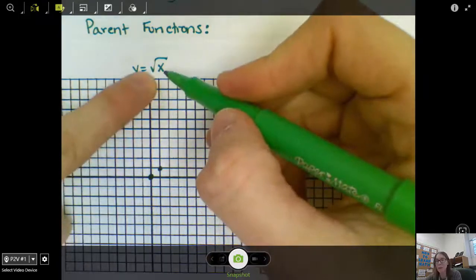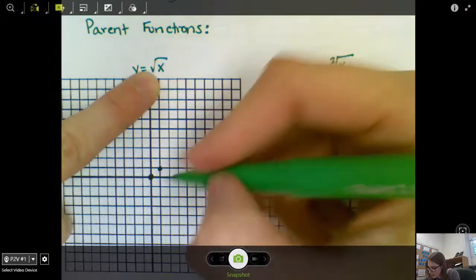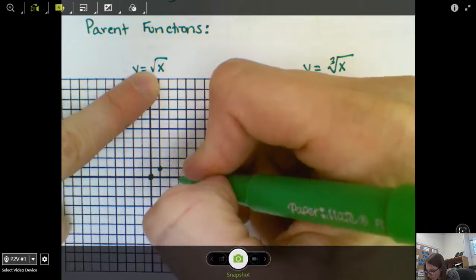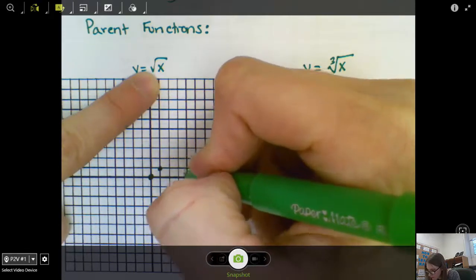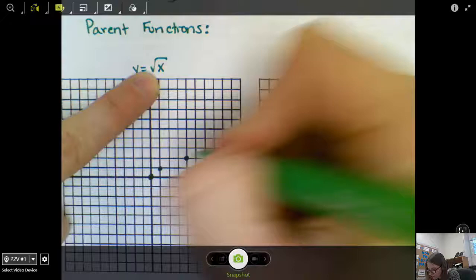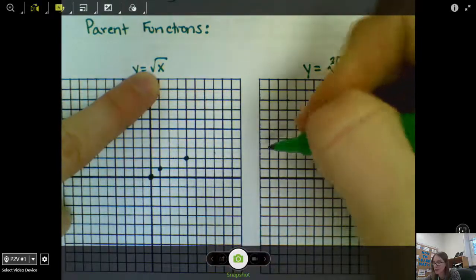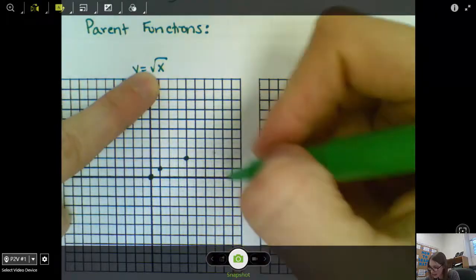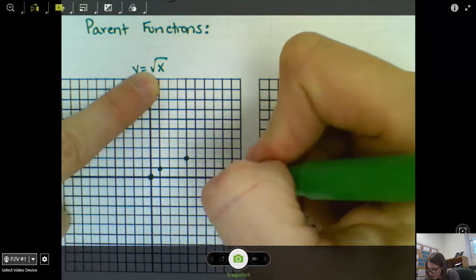And then the next number that we could square root nicely is 4. Square root of 4 is 2. Next number after that we can square root nicely is 9. 9, 3.